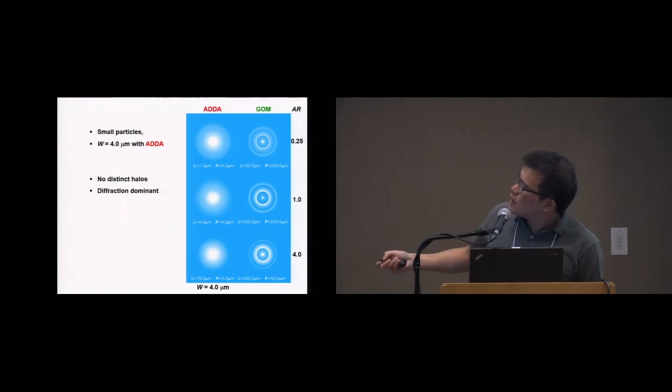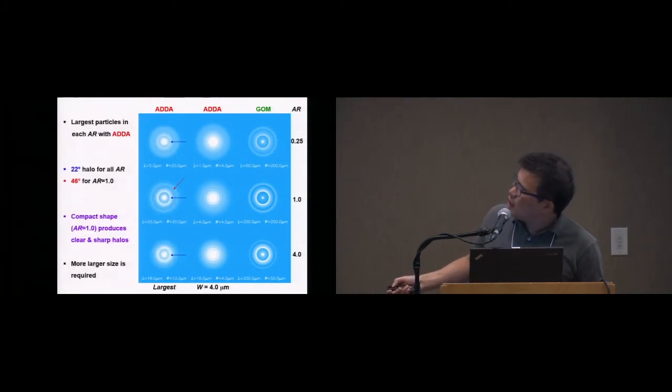This column shows small ice crystals of only 4 micrometers using ADDA simulation. Compared to large ice crystals, it doesn't have distinct halo features, and only the diffraction pattern is dominant.